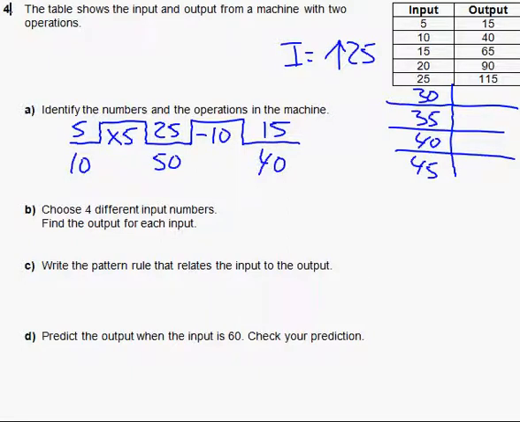The outputs are going up by 25, so you just add 25 to each. So 115 plus 25 is going to be 140. And then 165, I'm adding 25. And then 180, is that 180?